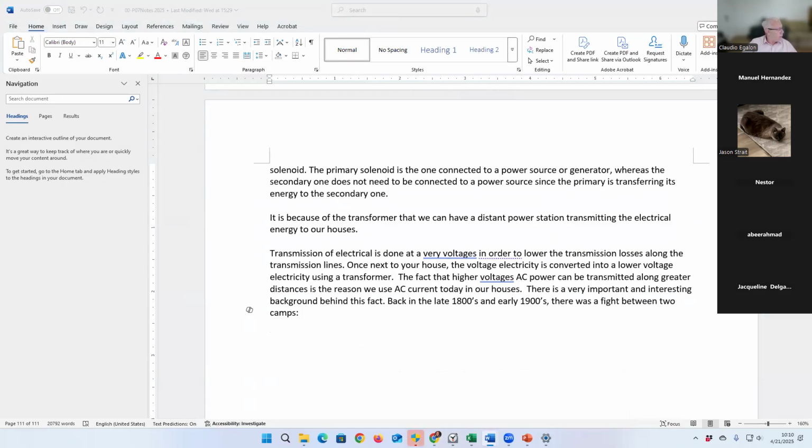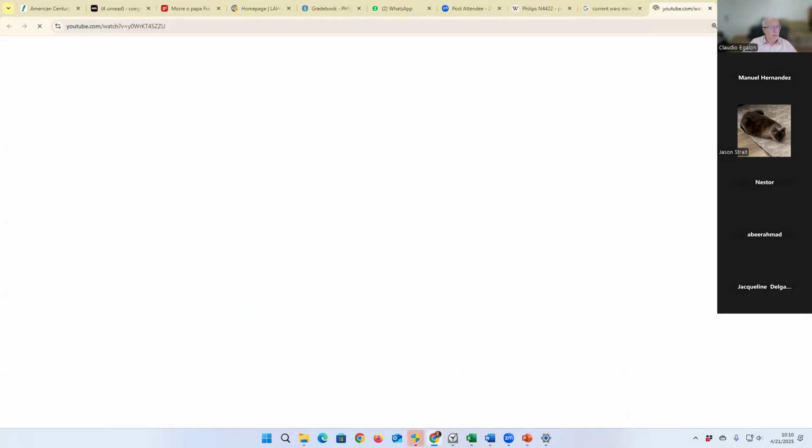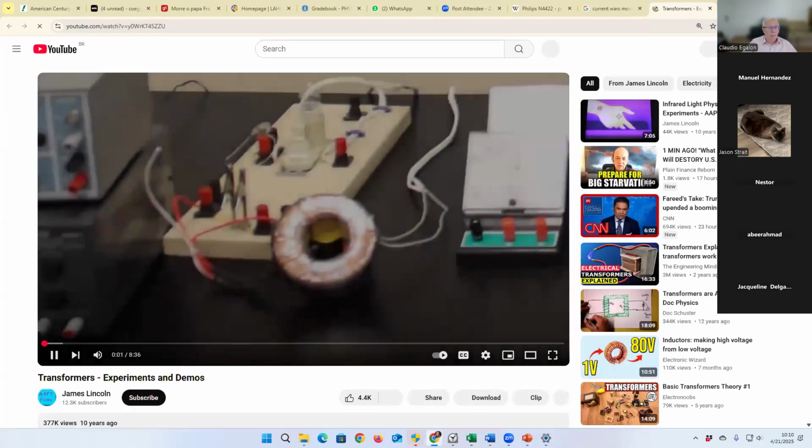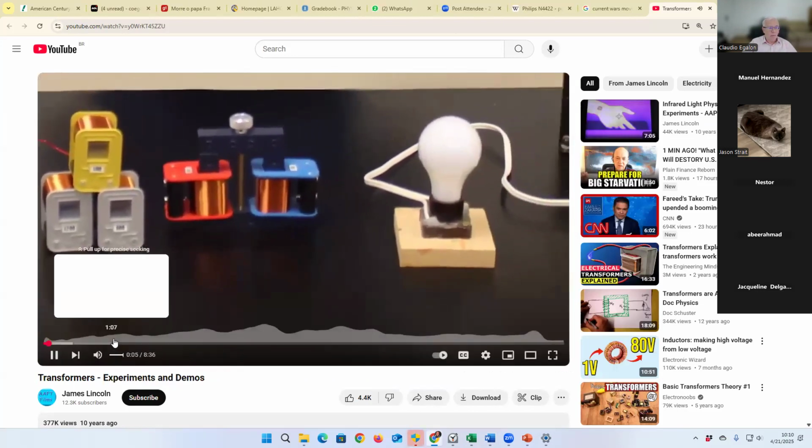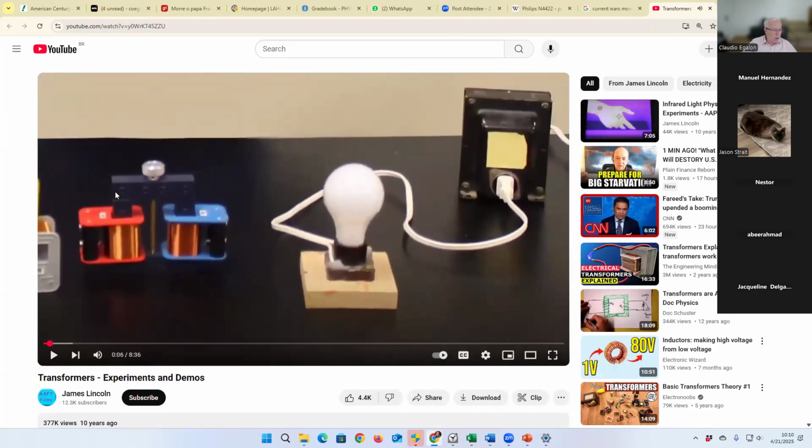We have some videos on transformers. Let's take a look at this one here. Different transformer. Oh, here you go. We have one of this one here at LA Harbor. Okay, see the core? The core is connecting the two solenoids.